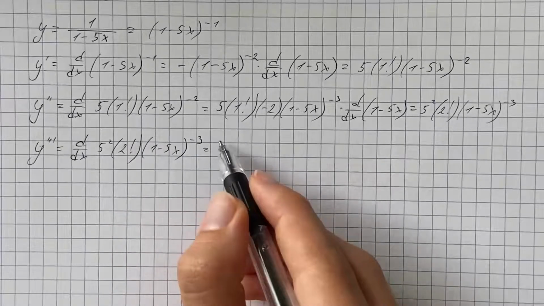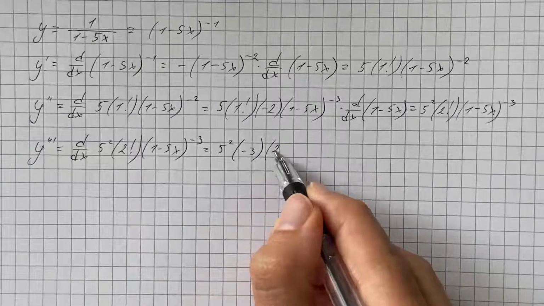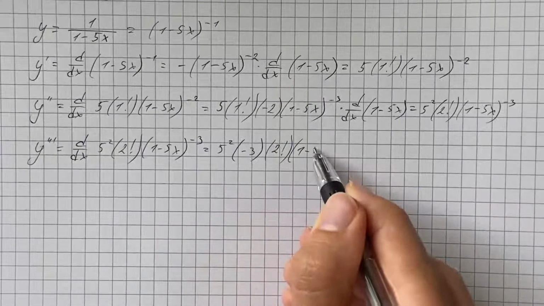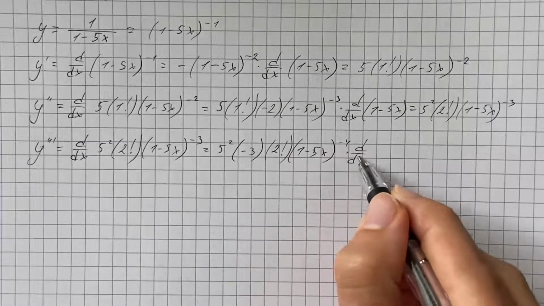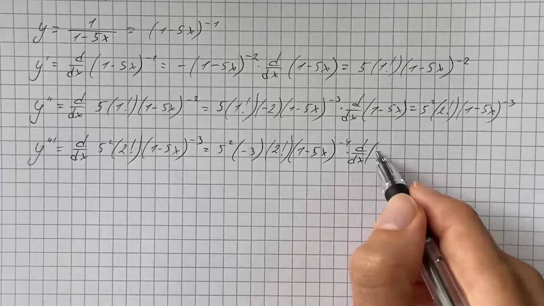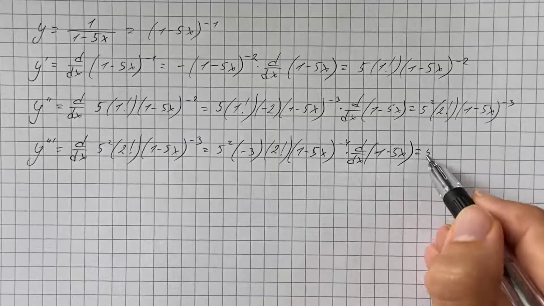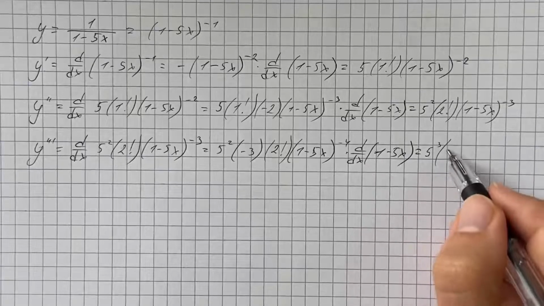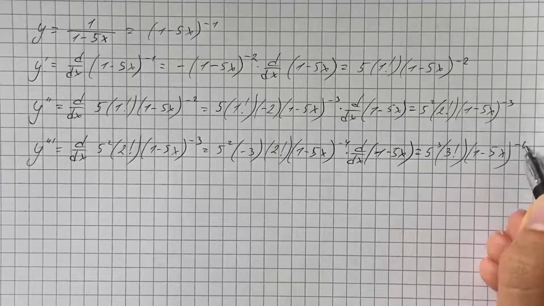So that's going to be 5 squared times -3 times factorial of 2 times (1 minus 5x) to the power of -4, and times the derivative of the inner function, which is 1 minus 5x, and therefore we get 5 cubed times factorial 3 times (1 minus 5x) to the power of -4.